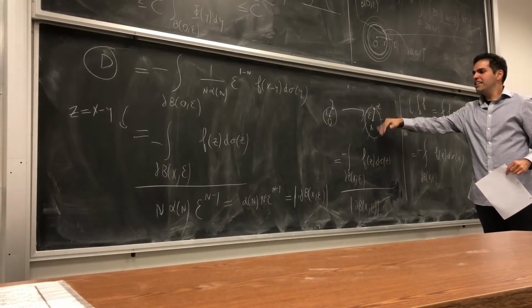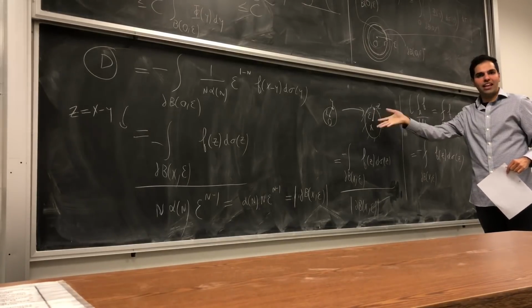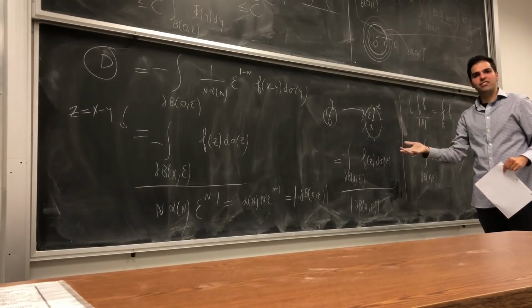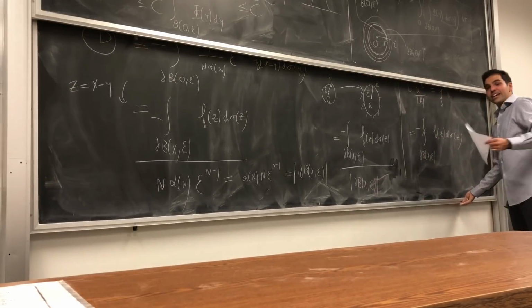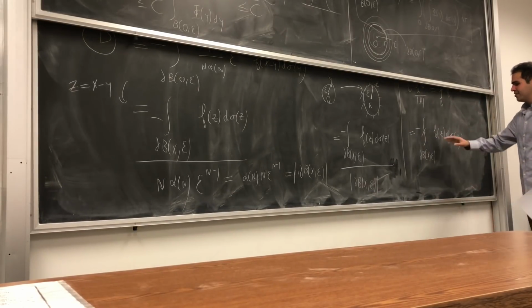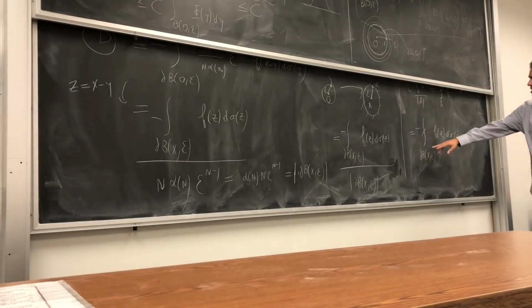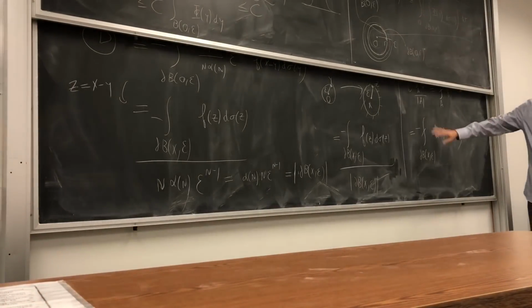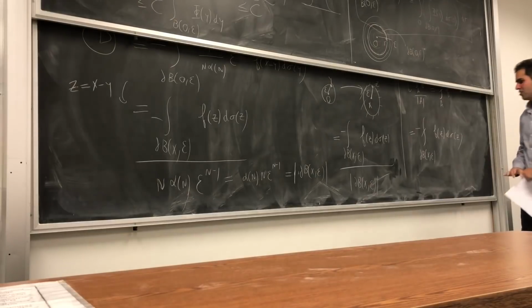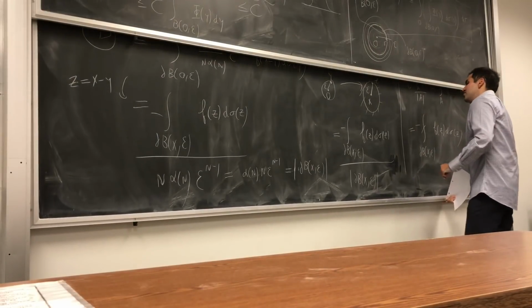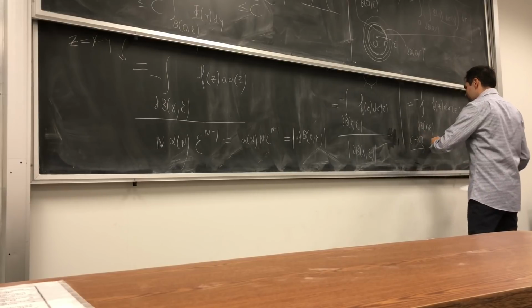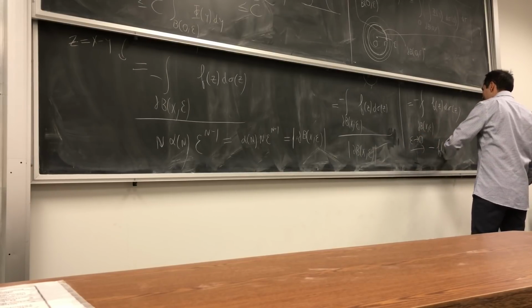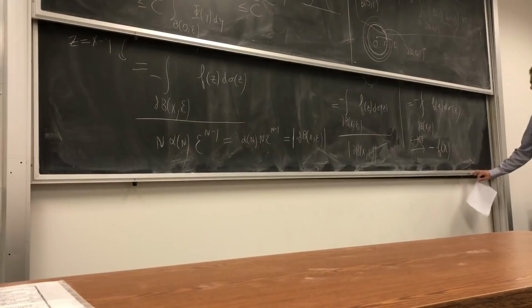The average of f around x, if f is very smooth, should be f of x. So you can show, it's not too bad, you write the number f of x in terms of an average. You can show that as epsilon goes to 0, this gives you minus f of x.